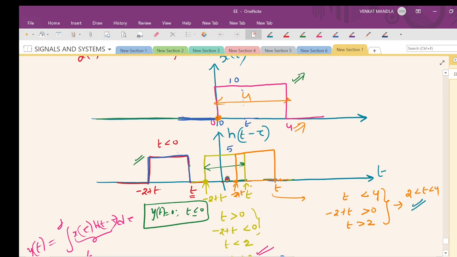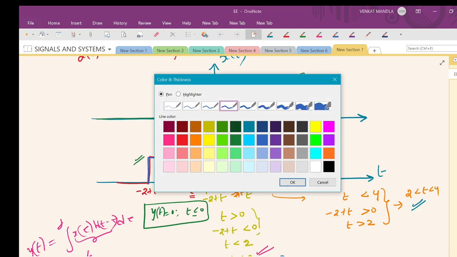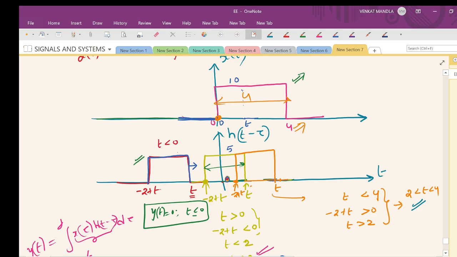Next I'm shifting this towards the right side. Next it came to here, next it came to here, right? Next again shift, again I have shifted this towards the right side. Next it came to here.